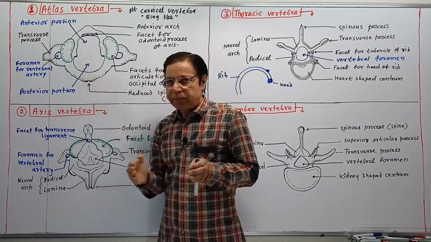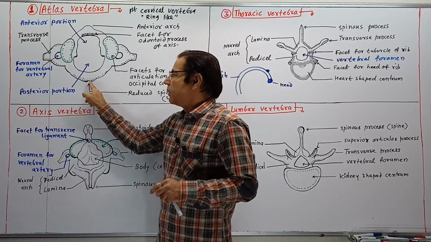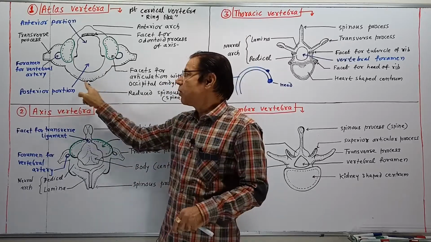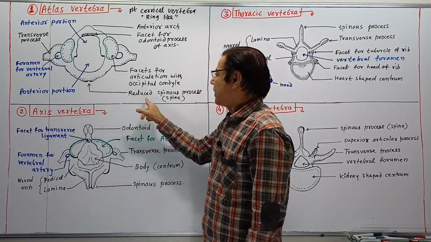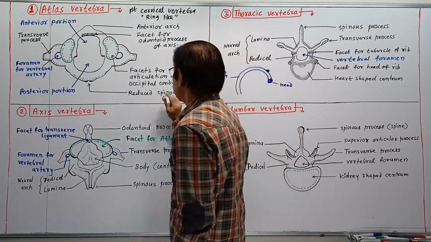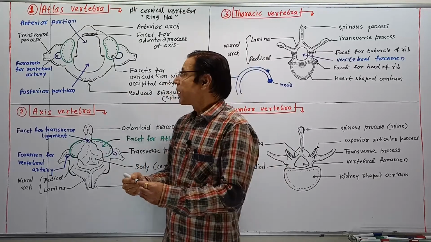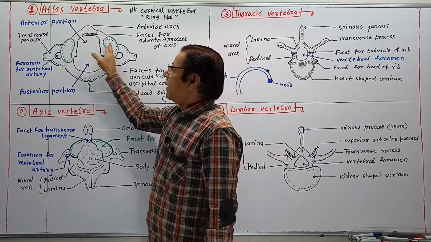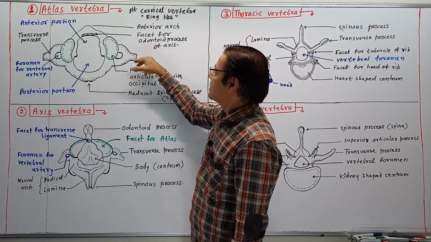When two laminae fuse, there is no formation of spine. Here the formation of spine occurs, but here not. That is why the spinous process is somewhat reduced here. Spine is reduced.